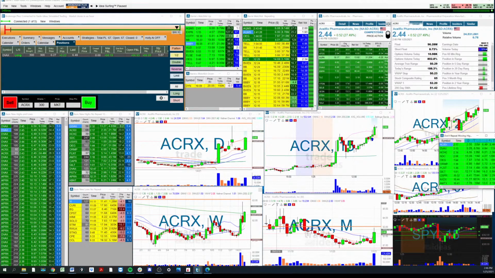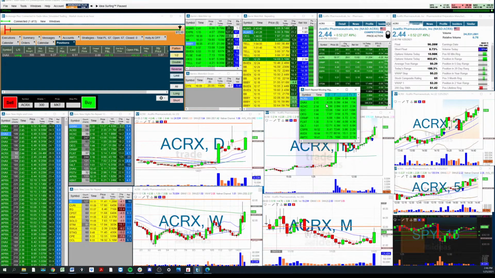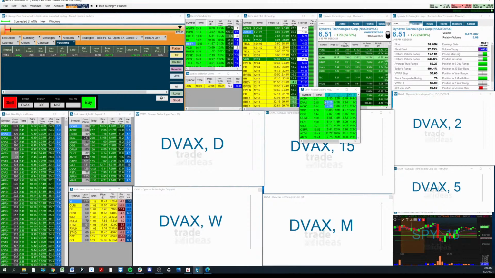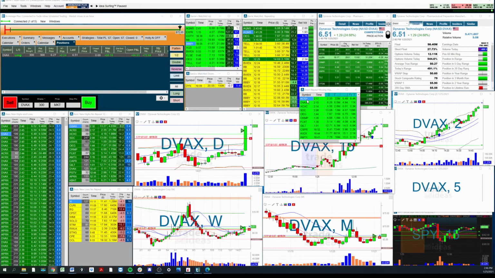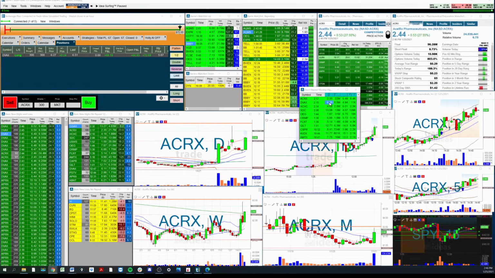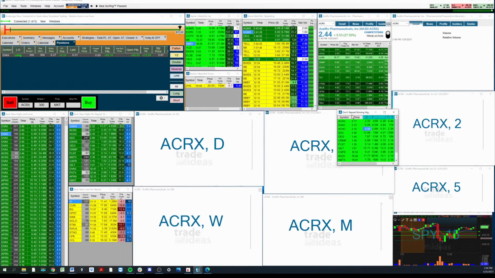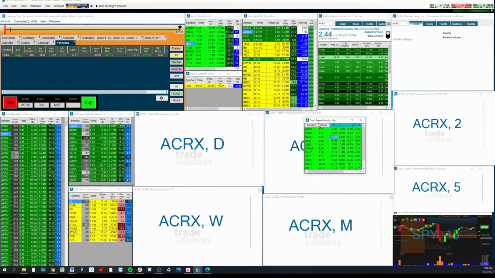This is from, again, there's a DVAX 628, and we are now... Charts are starting to lag just a little bit here. So there's the alert 628. Guys, my charts are lagging. I don't know if this is with other people also, but my charts are starting to lag a little bit.